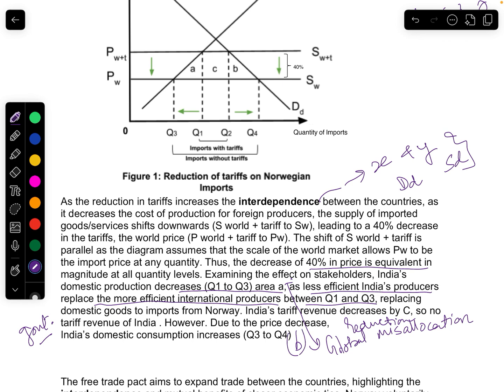So there is a reduction in social or deadweight loss. The child could talk about the fall in deadweight loss, covering the points A plus B. First thing, this is the deadweight loss. Yes, however, the Indian government will be at a loss, which he has identified.